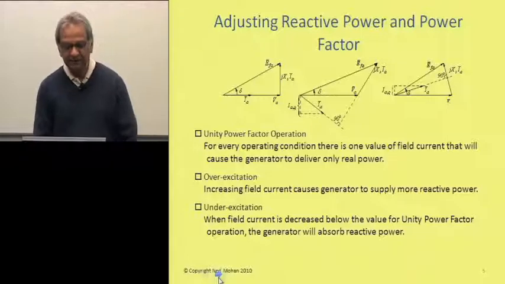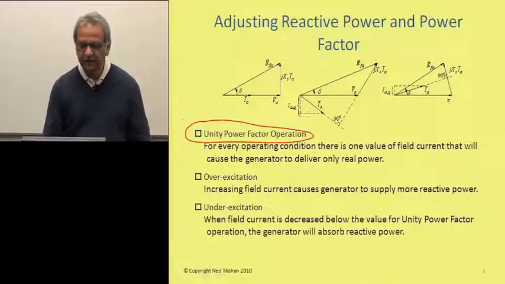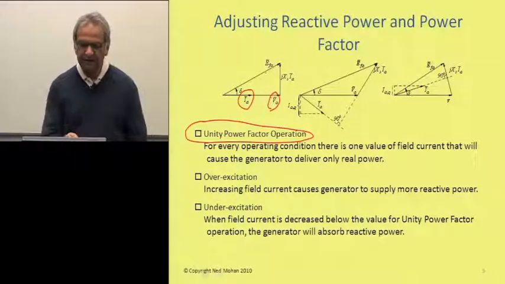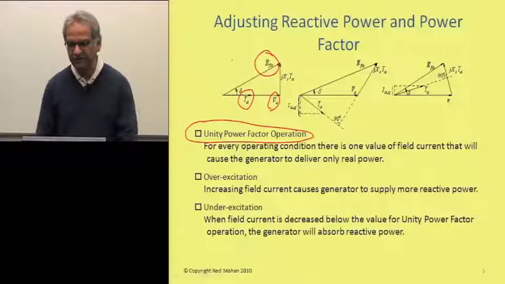So let's take this first case here. It's the unity power factor of operation, where the current phasor is as shown over here in the direction of V sub A, and we have a certain back EMF, and its magnitude is indicated by the length of this phasor.